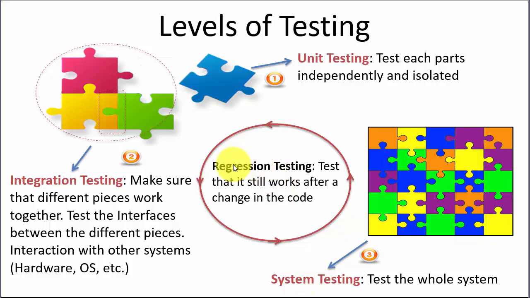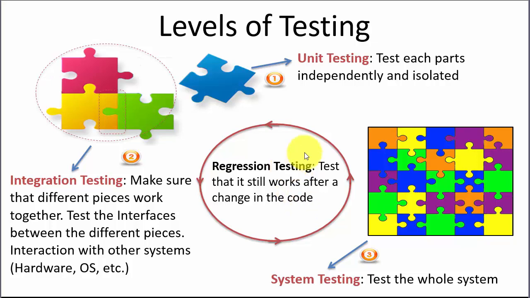We also have something called regression testing, and that is to test your code and check if your code or your program still works after you have changed some parts of the code. So every time you change your code, you should perform some regression testing.